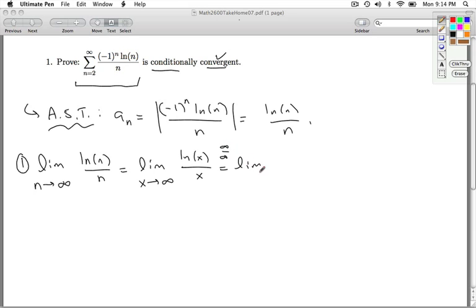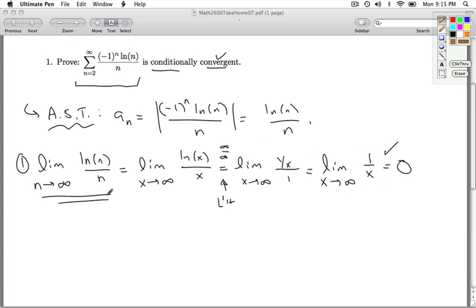That's indeterminate form infinity over infinity. So we'll hit it with L'Hopital's rule. The derivative of the numerator is 1 over x. The derivative of the denominator is 1. That's the limit as x goes to infinity of 1 over x, which is 0. So since this limit of a real function equals 0, I can conclude that the limit of this sequence is 0, which satisfies part 1 of the alternating series test.